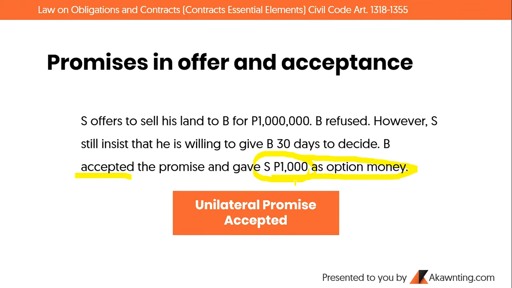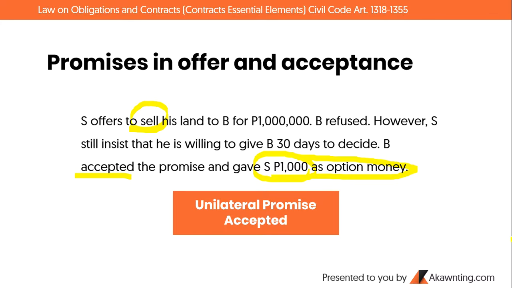Okay? And by the way, doon sa contract din, meron tayong nilagay doon na merong mabubuong kontrata. Pero hindi pa yun yung contract of sale. Di ba? Hindi pa ito contract of sale. Ito yung tinatawag nating option contract. Okay? Wherein si B meron siyang option whether to purchase the said land within 30 days.